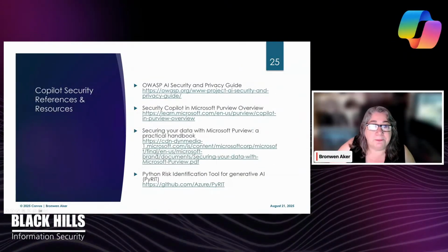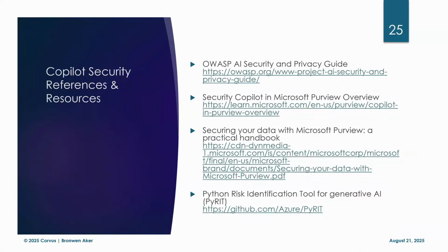So, some references and resources. I didn't provide a huge list, but this list is a really good place to start. The OWASP AI Security and Privacy Guide.